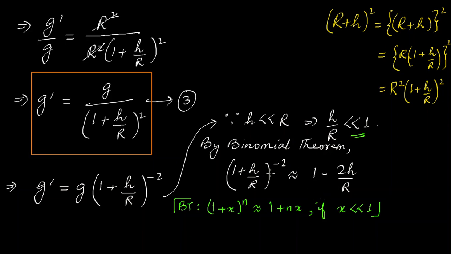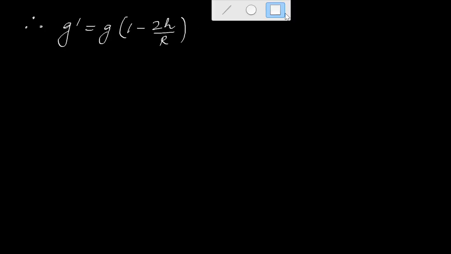I think that is clear. So we can replace this with this term. Therefore g dash is equal to g times (1 minus 2h by r). This is our required expression.